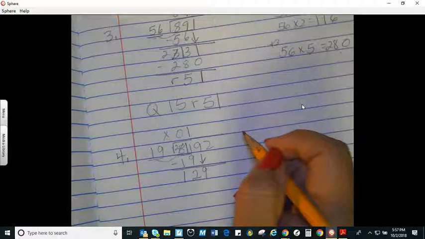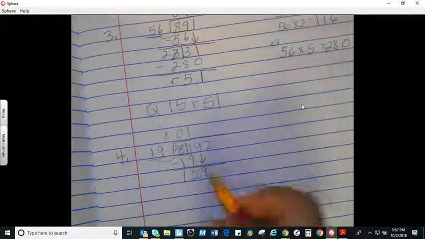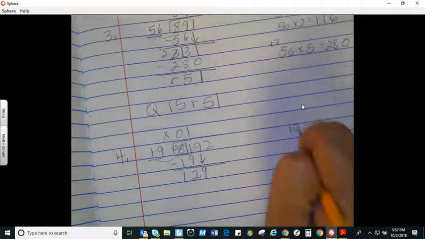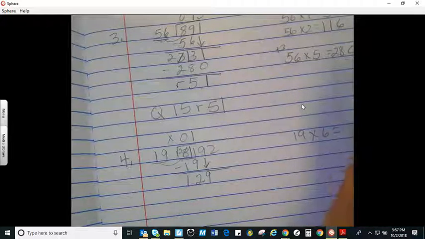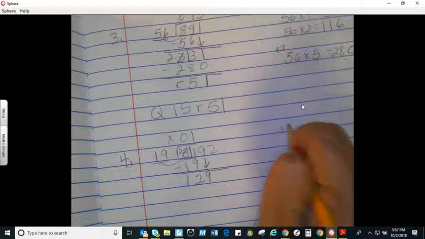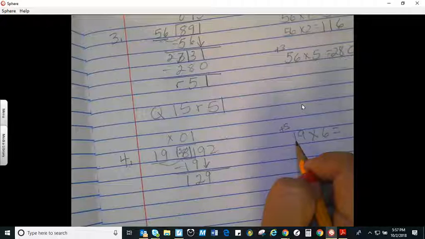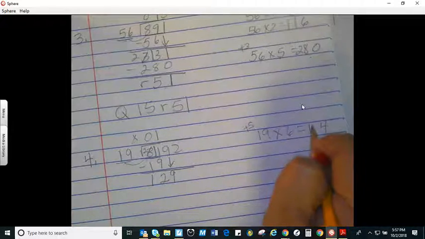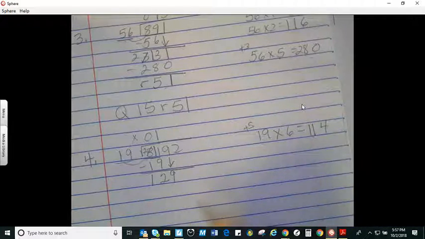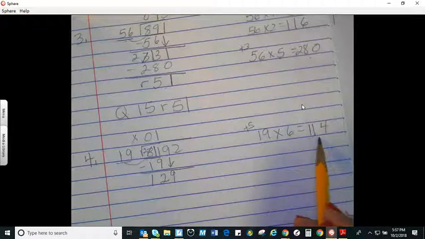Okay. Now how many groups of 19? So let's multiply that out. 19 times 6. 6 times 9 is 54. Regroup my 5. 6 times 1 is 6. Plus 5 is 11. Is that going to be closest to without adding another group of 19?